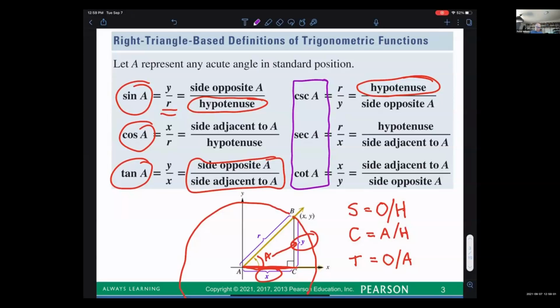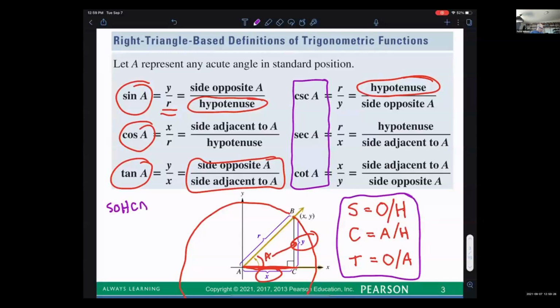The reason I've written these this way, look at this box here, is that there's a little mnemonic, meaning a word with the letters that you can make out of this to help remember these. So if we spell this out, SOHCAHTOA. SOH, so that part is that the sine is opposite over hypotenuse.